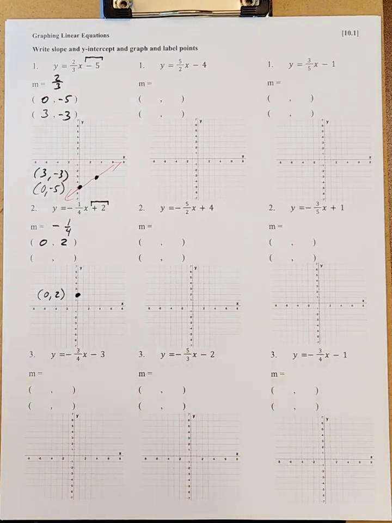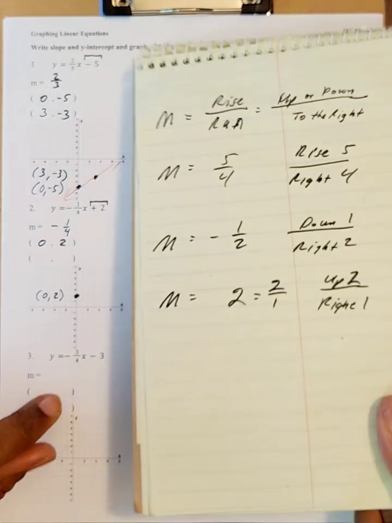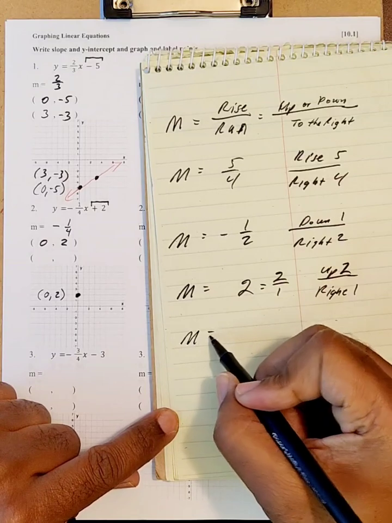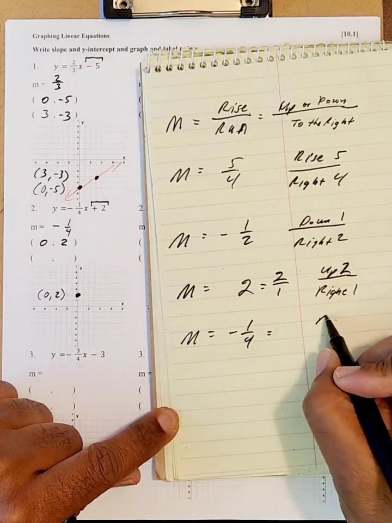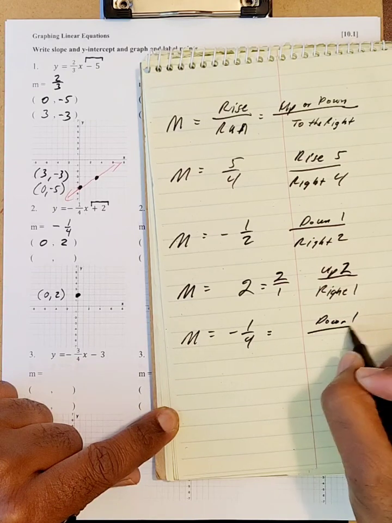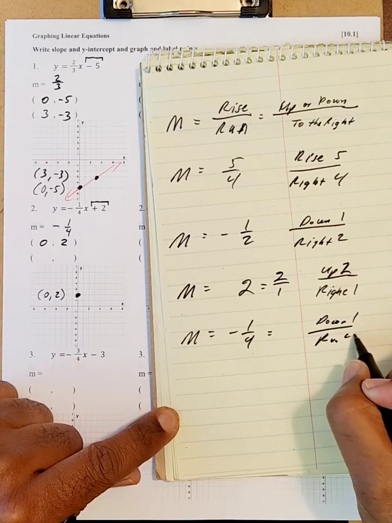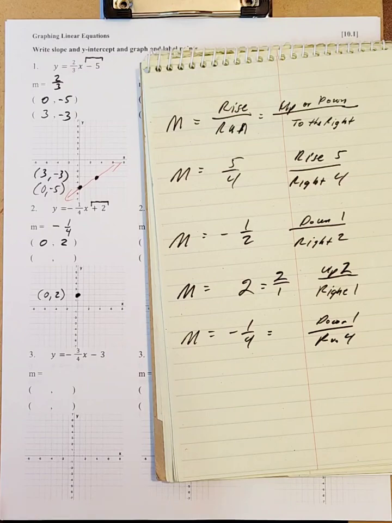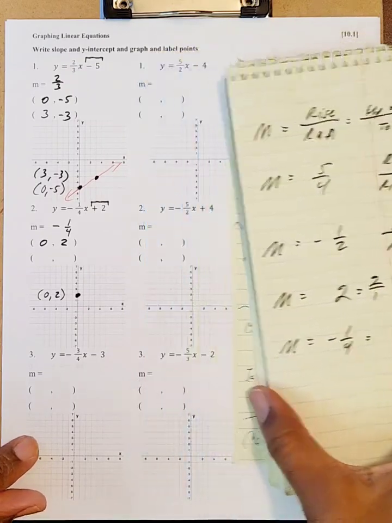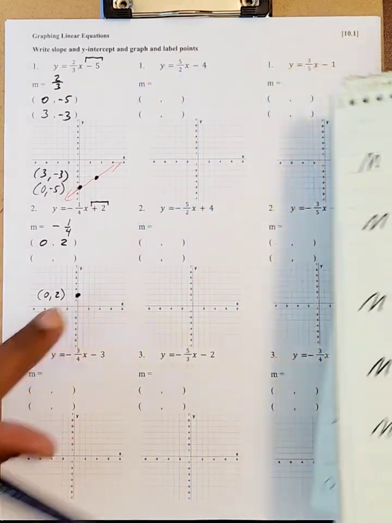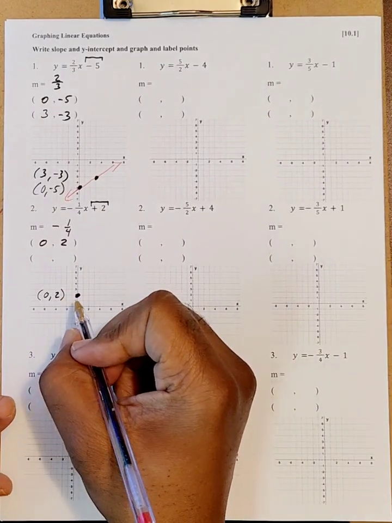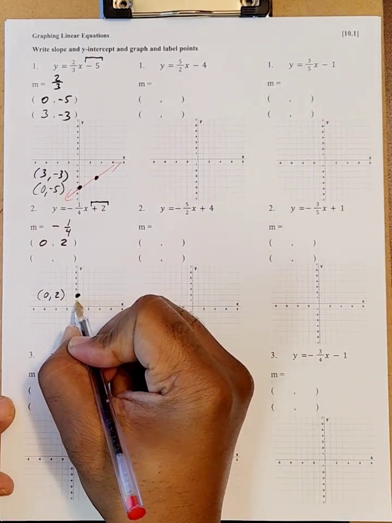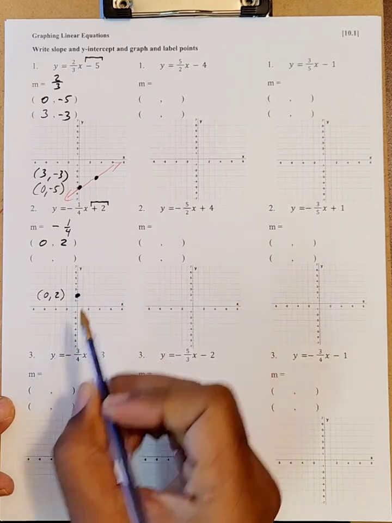Now to find my next point, I'm going to use my slope. And remember, -1/4 means that we're going to go down 1 time, but we're going to run 4 times. So let's do that. From our point here of 0, 2, we're going to go down 1 time, so here, but then we're going to run 4 times.